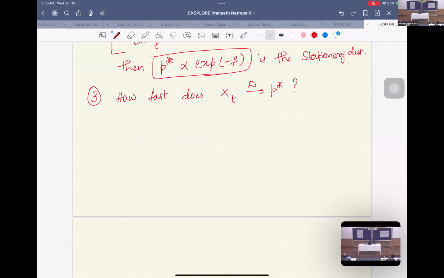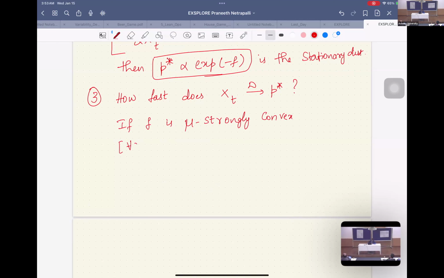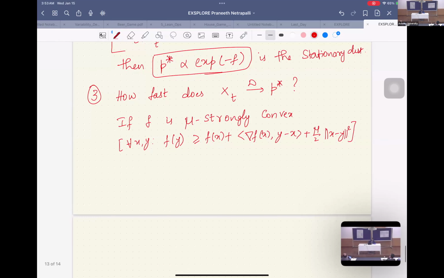But for simplicity, let's say f is mu strongly convex. What this means is that for every x and y, f of y is greater than or equal to f of x plus grad f of x with y minus x plus mu over 2 norm x minus y squared.